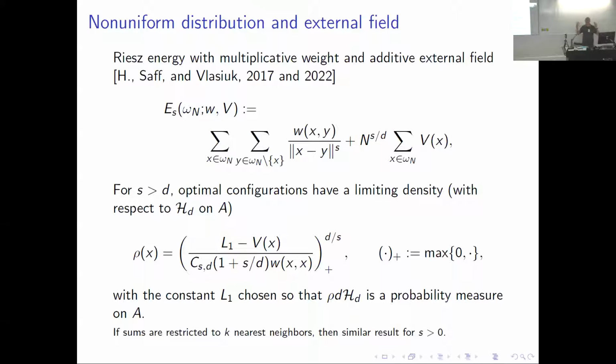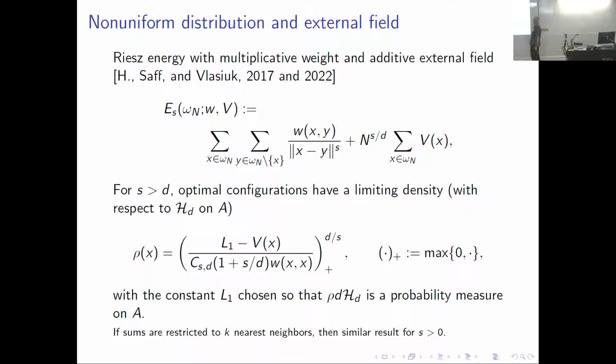We can also add an external field to these problems. Here is actually the formula. W needs to be this CPD weight. In particular, on the diagonal, you want it to not be 0. For this to have a limit, we need to weight this external field by n to the s over d.